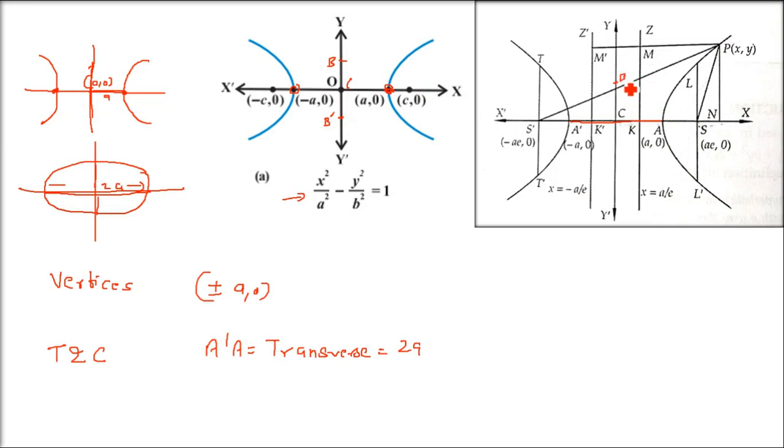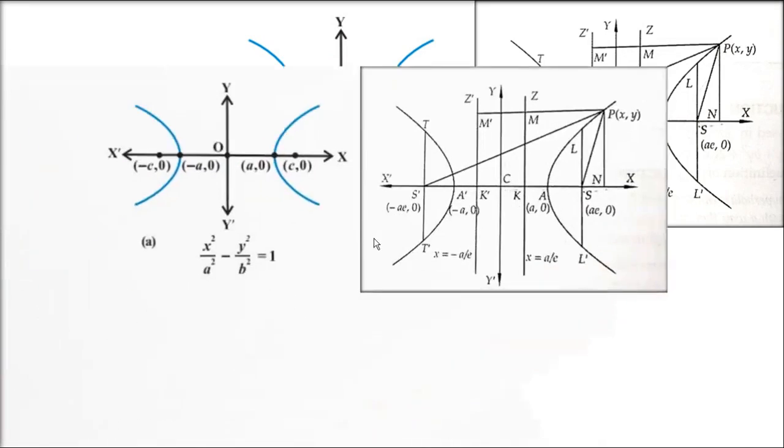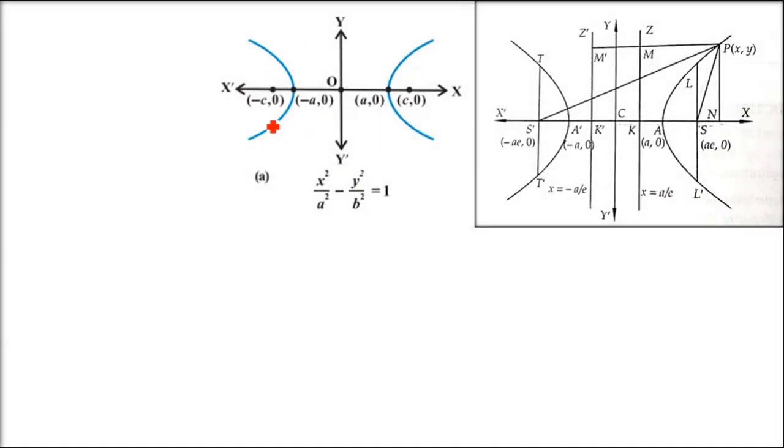So CB and CB dash are going to be equal to B. I'm just equating it with the ellipse. In the ellipse also we have a minor axis, semi-minor axis. So here we have 2B. A line which is perpendicular to the transverse axis is called the conjugate axis. I'll tell you why it is called conjugate later.